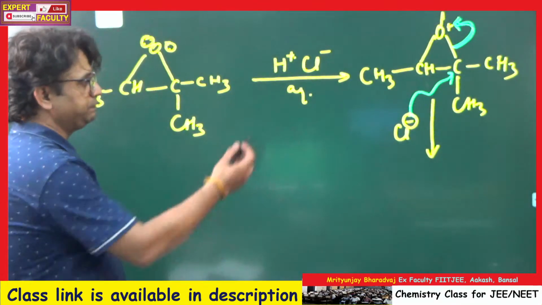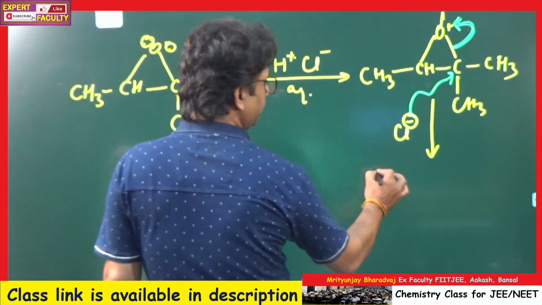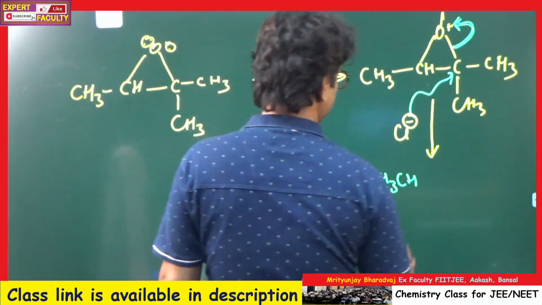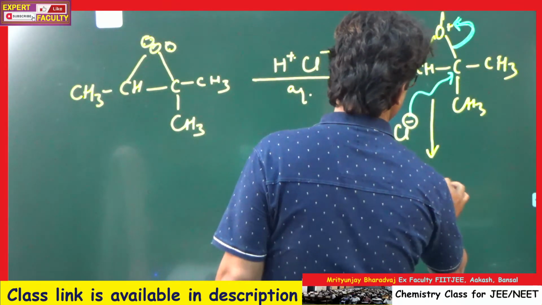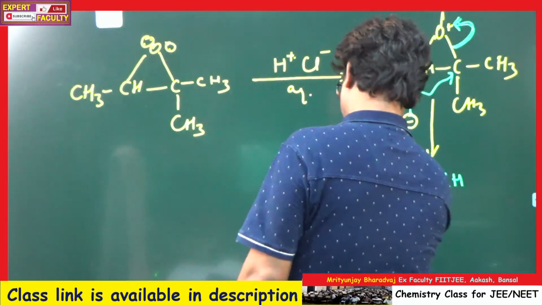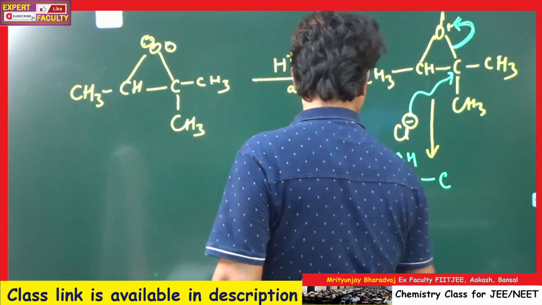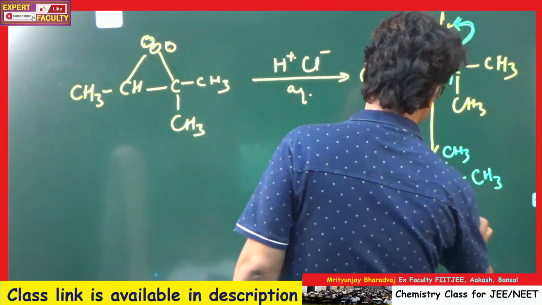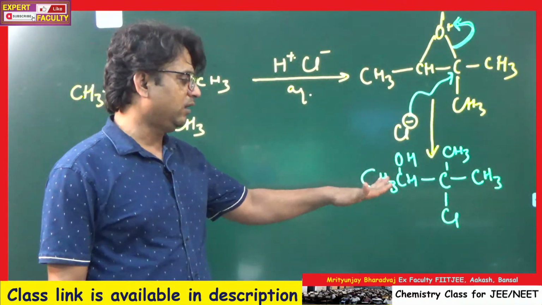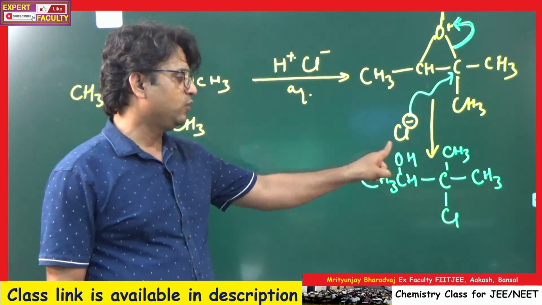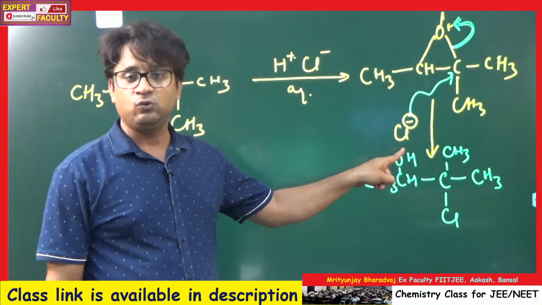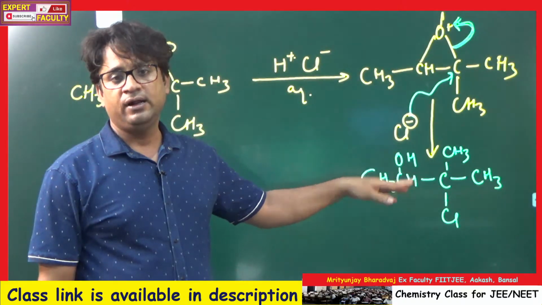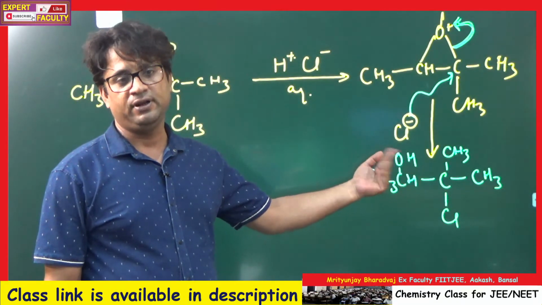So our final product will be CH3 CH OH CH2 Cl. There may be another reaction again, because there is an OH left here, and this OH can also accept H plus, and then water will be removed and the second Cl minus will appear here.